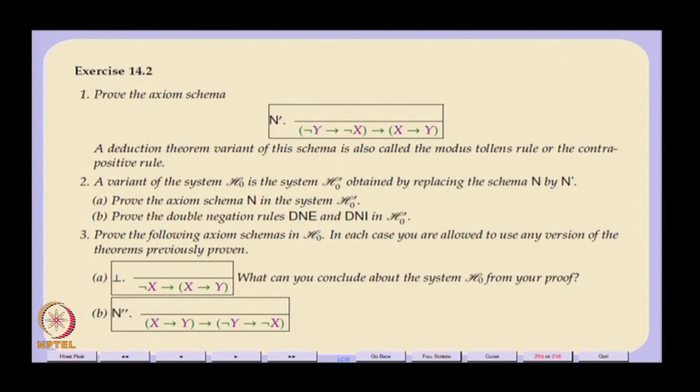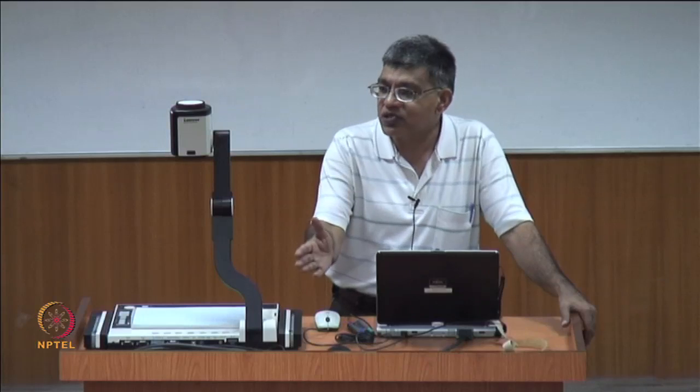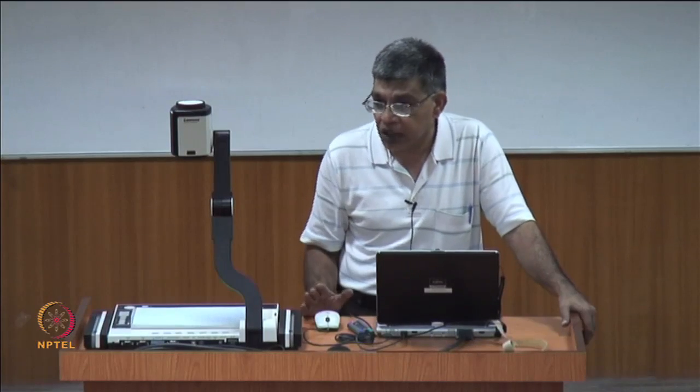The only thing you need to do is to prove n from n prime, and then after that you can essentially follow Hilbert's. So these exercises are meant to show that there may not be a unique minimal system. You can have more than one minimal system, and this is a slight variation of that.